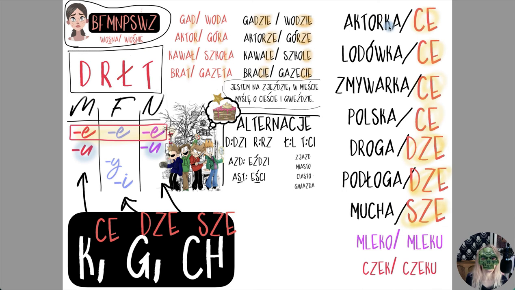So the K and the A are dropped, and then the C and E replace these two letters at the very end. So aktorka becomes aktorce. Once more, aktorka, aktorce. Myślę o aktorce. I'm thinking about an actress.